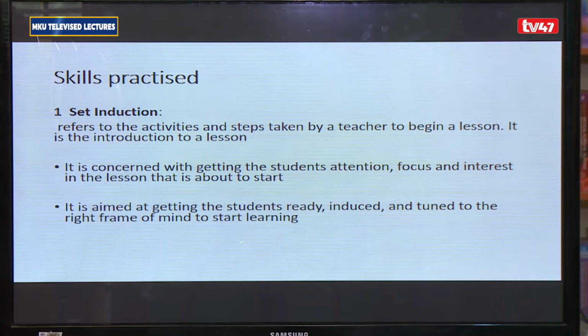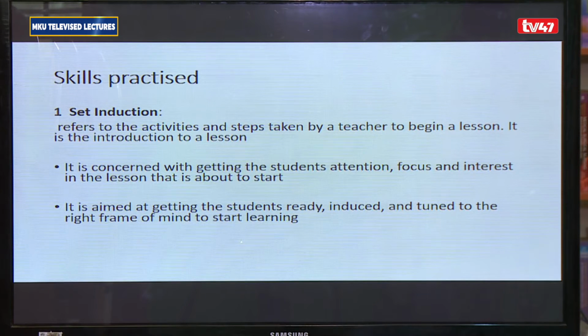Now, you have been in school perhaps from primary school and secondary school, university now, and every time a teacher comes to the classroom, they introduce the lesson. So this introduction to the lesson is what we refer to as set induction, and it is concerned with getting the students' attention, their focus and interest in the lesson that is just about to start.